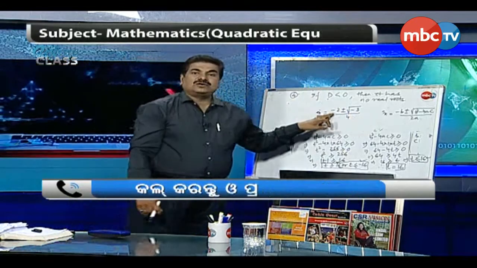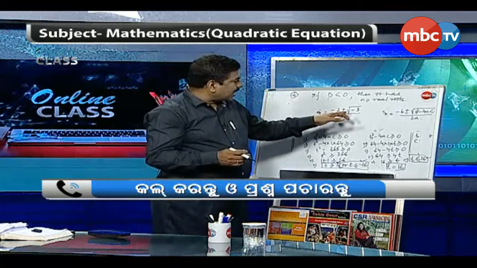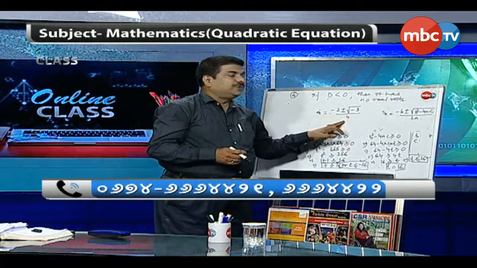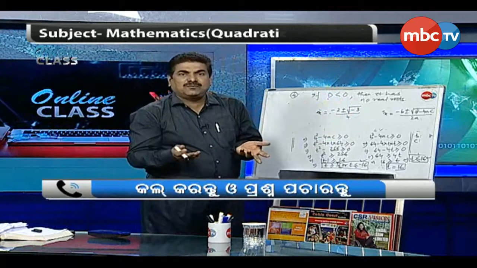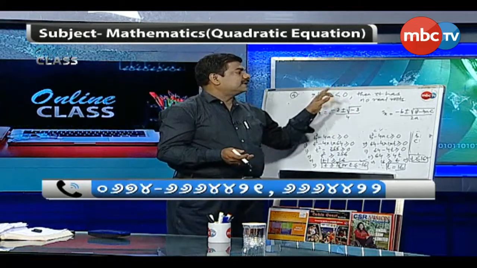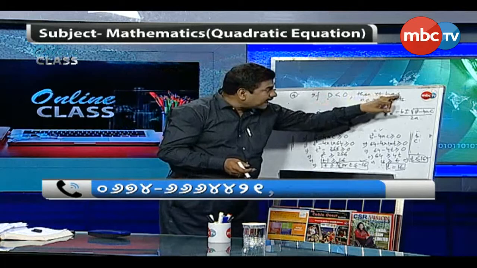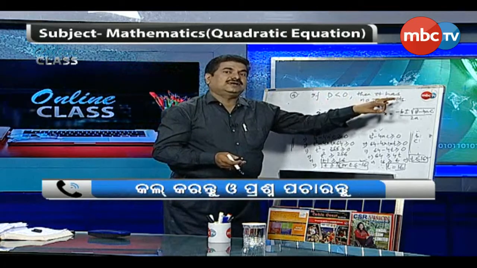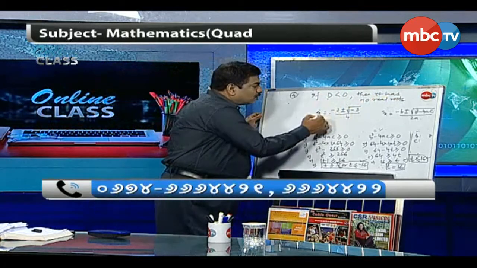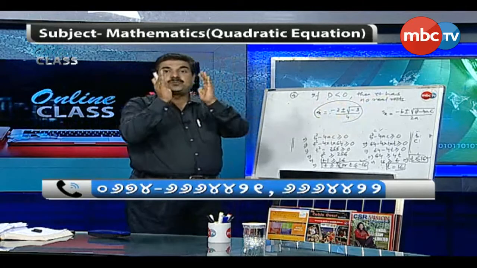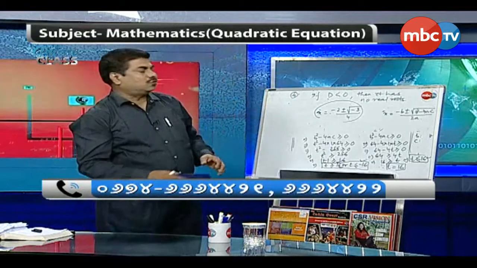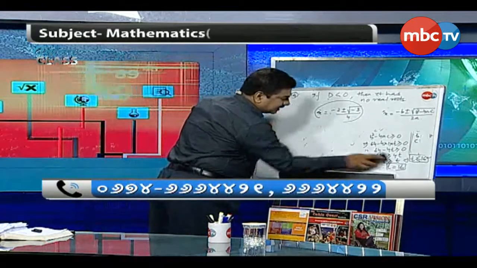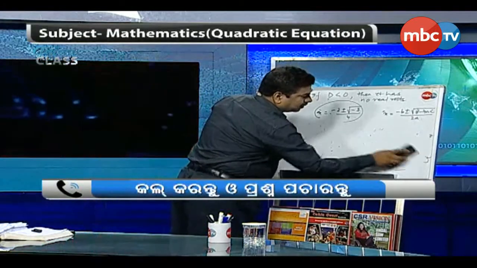How do we calculate the square root of a negative number? It has no real roots, but the important part is that it has imaginary roots, or we call it complex roots.